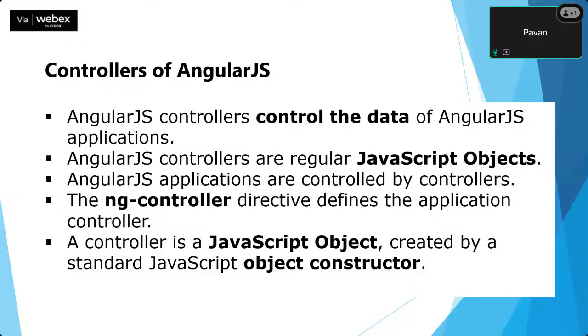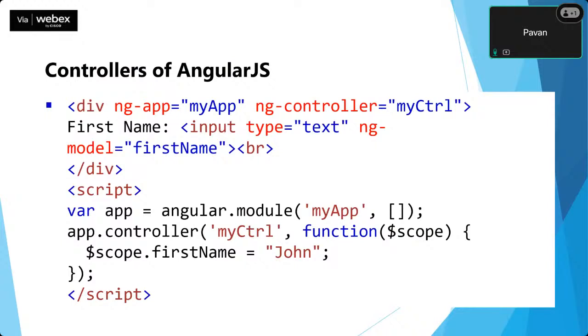So a controller is a JavaScript object created by the standard JavaScript object constructor. I hope you're getting what I said. Let's move on to the next part. So this is the example of controllers. So as I said, this is the application, right?